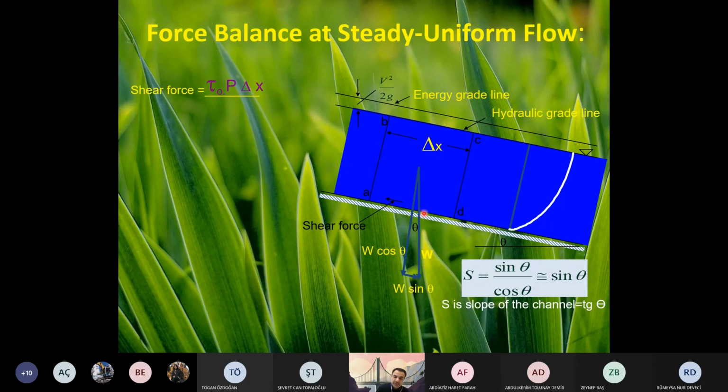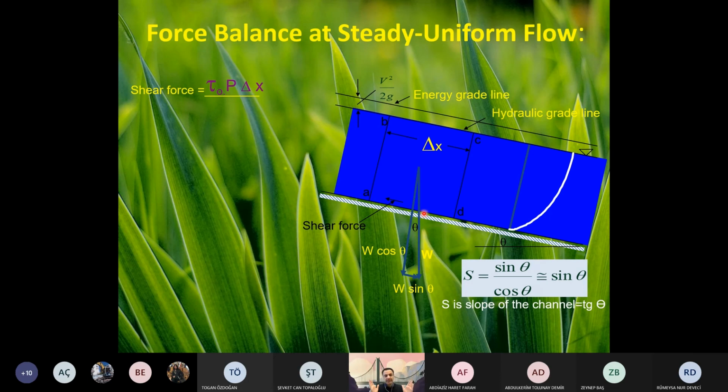Put your hand on your desk now and move it. There is a friction at any places that your hand is in contact with your desk, not above the hand, only below the hand. But in a water cross section, we have a place that water is in contact with channel bed and channel banks.